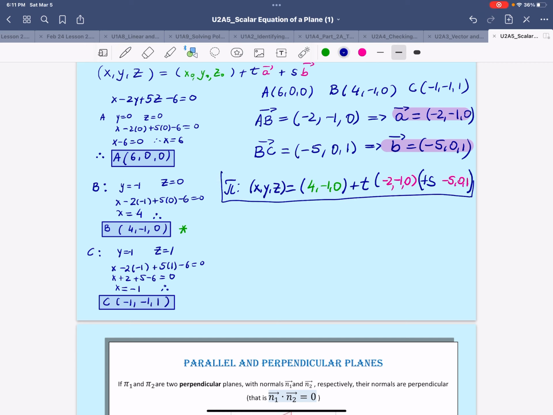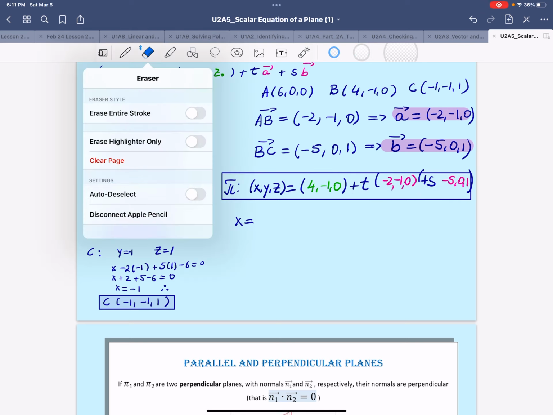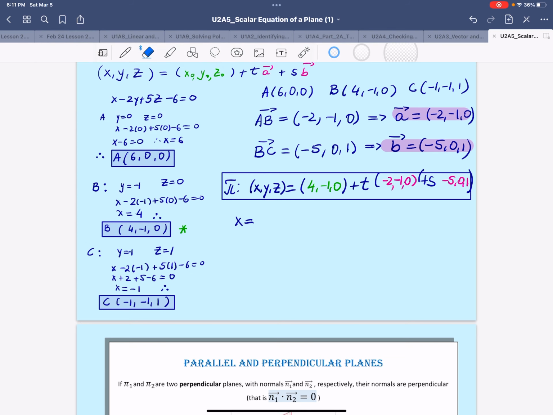For parametric equations, we will have to solve for each parameter. So we have x equals 4 minus 2t, and then minus 5s. Let me just fix this. Brackets in the wrong spot. Easy fix.